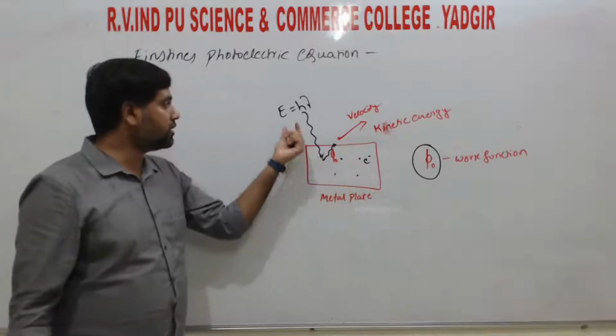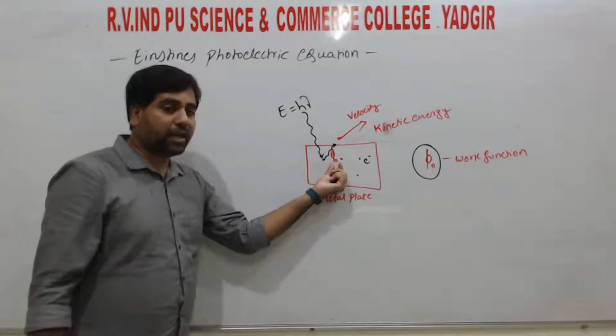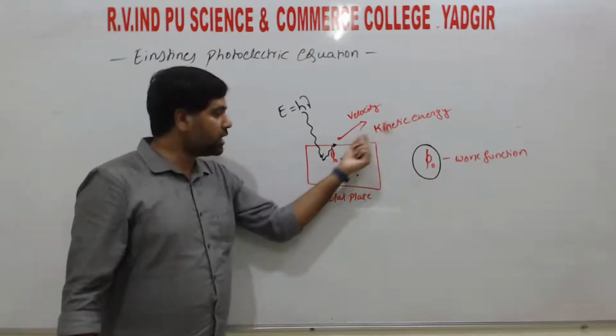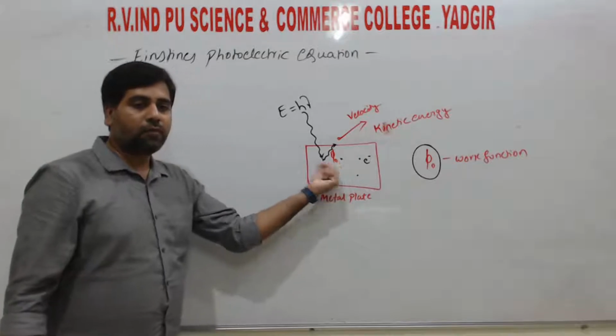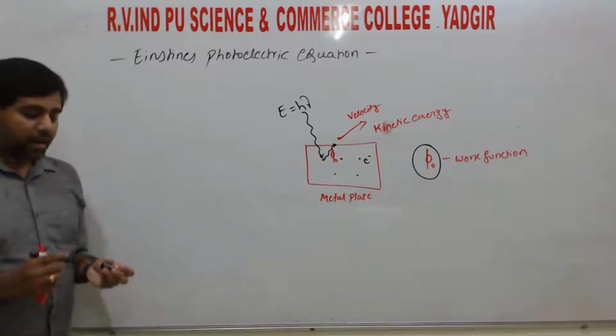So here if we say that E is equal to phi naught, that is, energy which is equal to the sum of these two energies, one is kinetic energy and another one is work function, right? So this is Einstein's photoelectric effect.